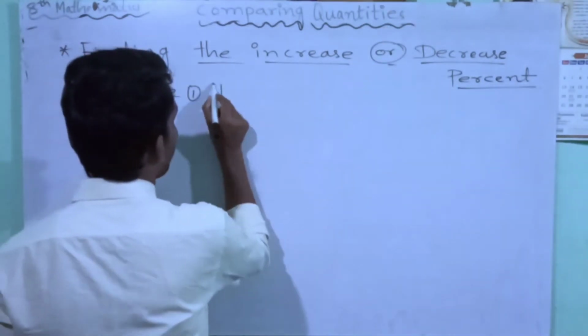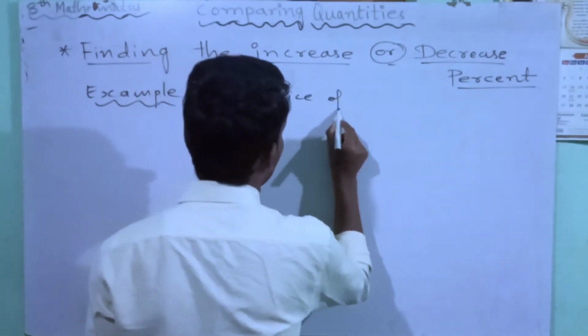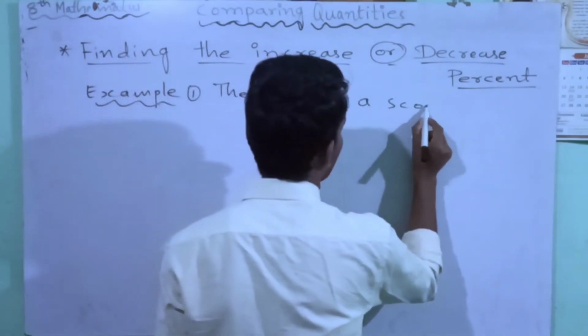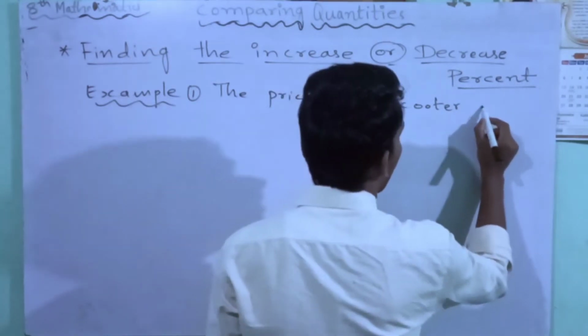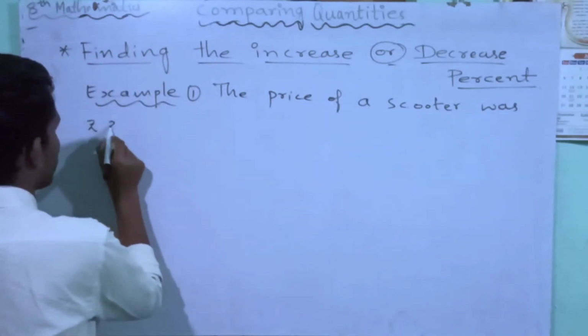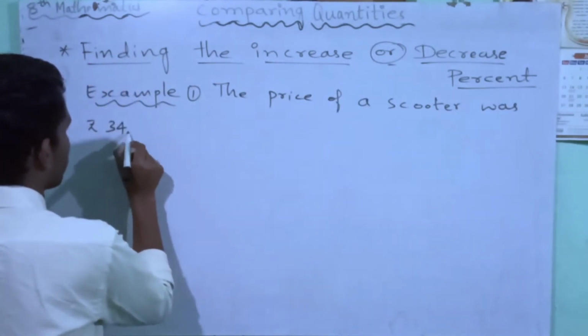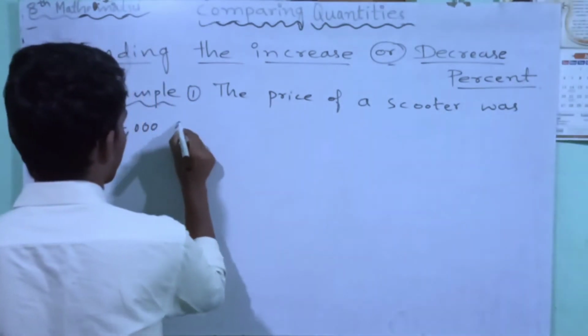The price of a scooter was 34,000 last year.